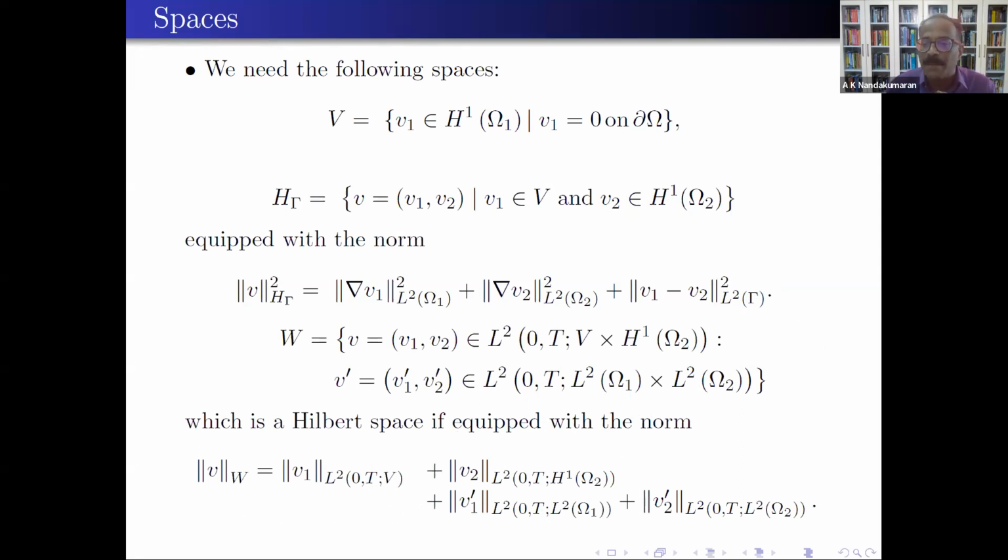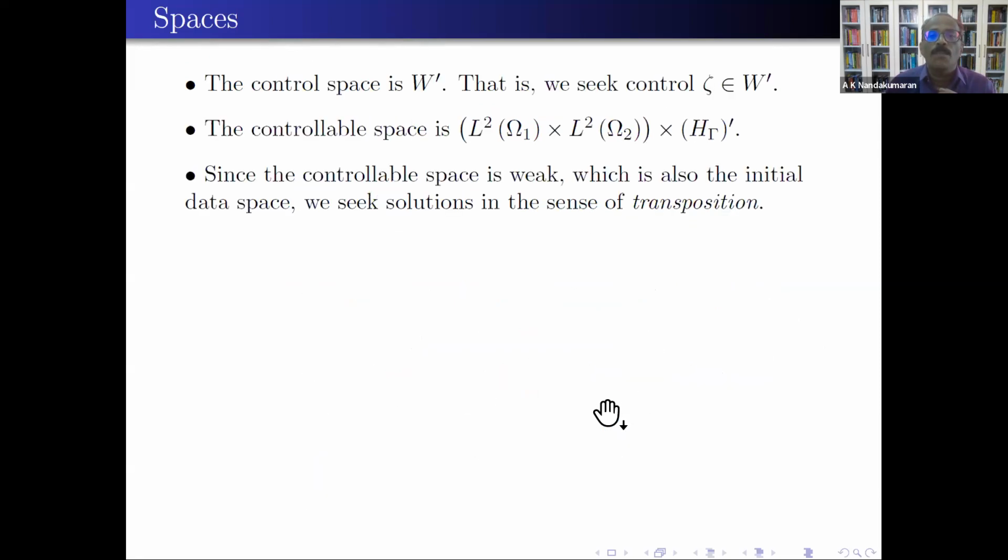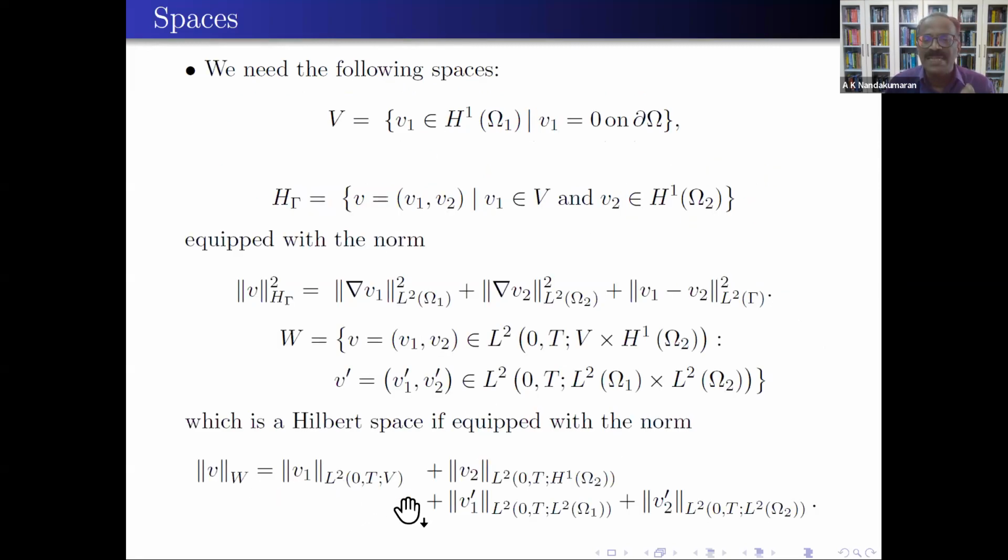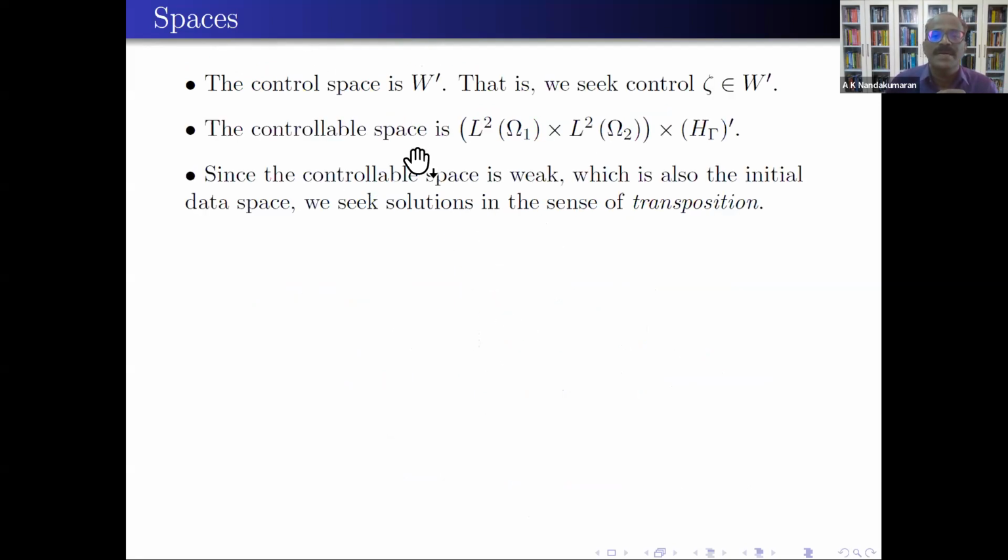So you define this map on W, and the control space is W prime. W you can think of as something like L2 cross H. The time derivative is L2. The other component is something like H2. B is also like H1, except for the boundary. The control is coming from W prime, and the controllable space is this one, somewhat similar.